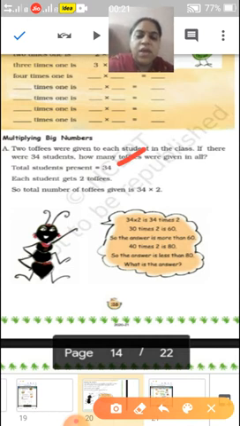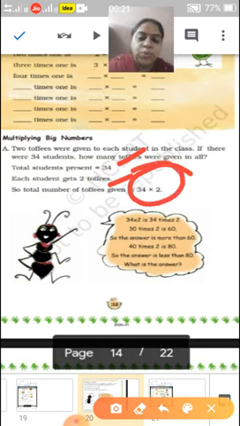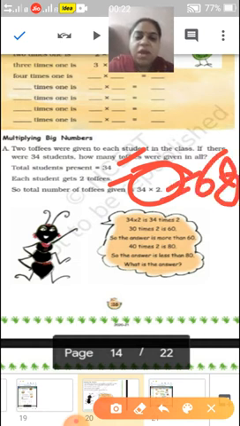Each student gets 2 toffees. Now the total number of toffees given means 34 into 2. We can write 34 times of 2 means 68. Now, when we are going for big numbers, how can we do it? We will break this.